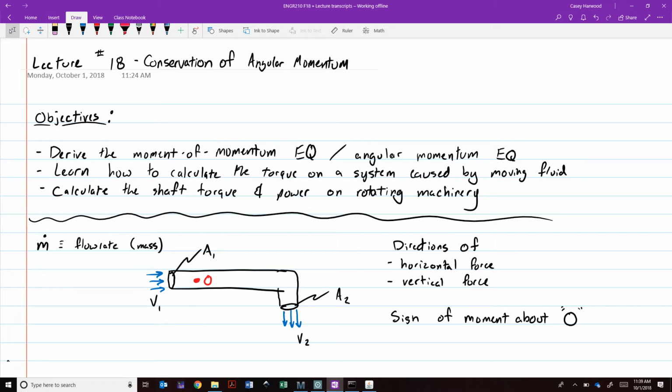So in this little exercise, given some mass flow rate m dot through a right angle turn, can we figure out at least the direction of the horizontal force and vertical force? Horizontal force is going to be left to right.